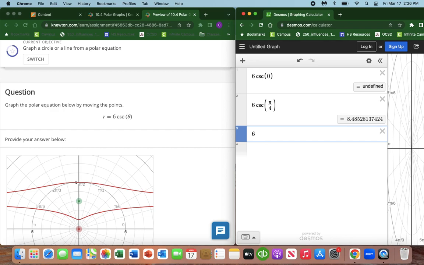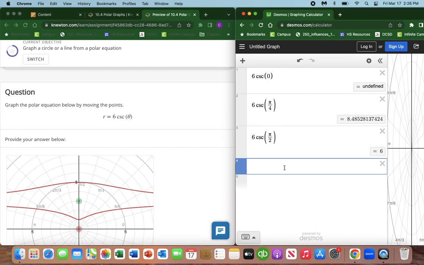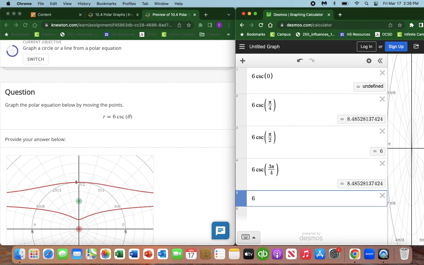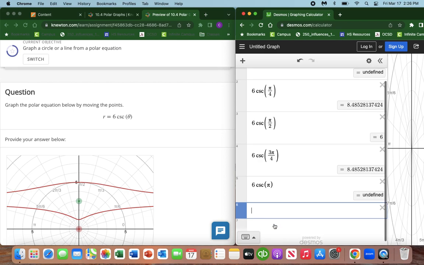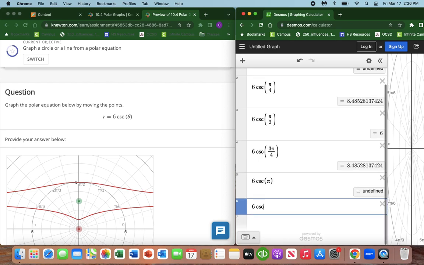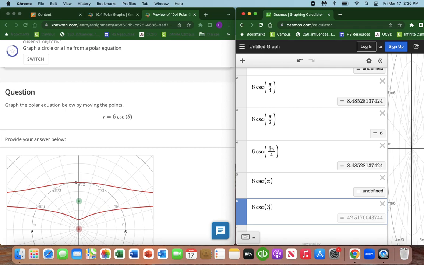We're going to do 6 cosecant pi over 2, 6 cosecant 3 pi over 4. And then after this, I'll just do 6 cosecant of pi, and then 6 cosecant of 3 pi over 2.